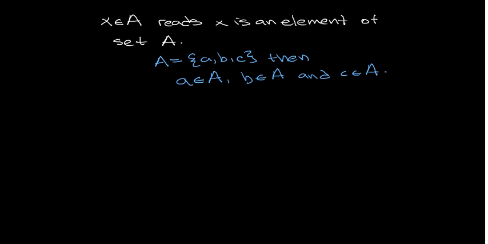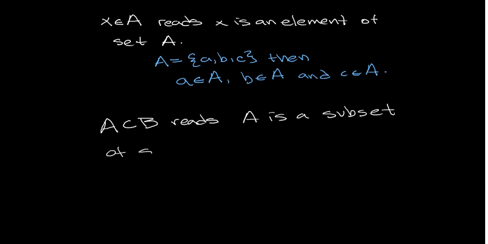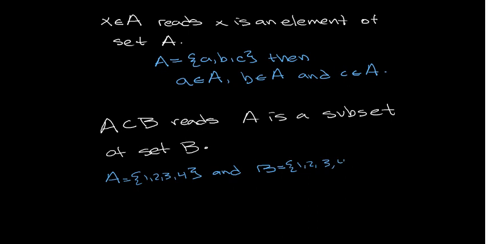Another thing is this notation, which reads A is a subset of B, of set B. What do I mean with this? Again, let's say that A is the set 1, 2, 3, and 4, and B is the set 1, 2, 3, 4, 5.